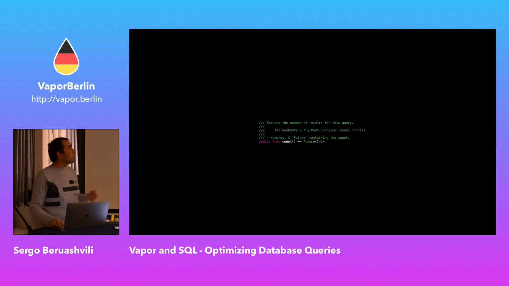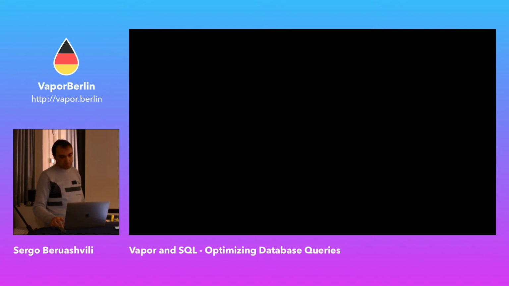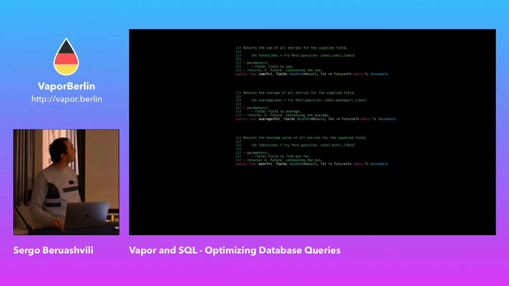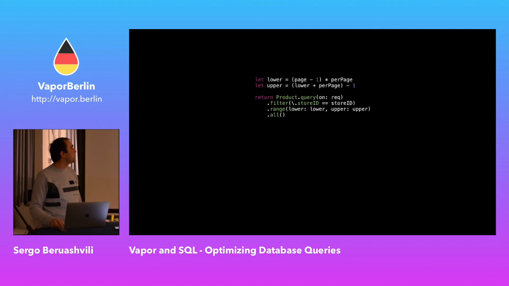And again, Vapor has a count method, and you put it on the query and it will just return whatever the count is. So you don't need to return all the rows, it will just give you the count. And it's not only count, but you can have all the aggregation methods like sum, average, minimum, and maximum.